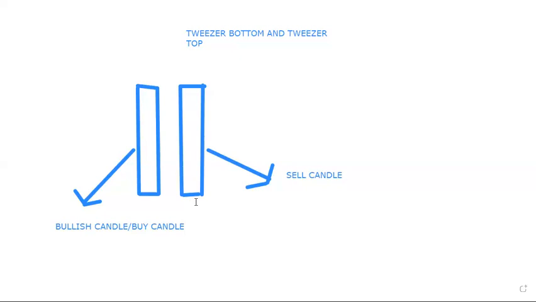The tweezer bottom is a bullish candle pattern that contains two candles, where the first candle is a sell candle.